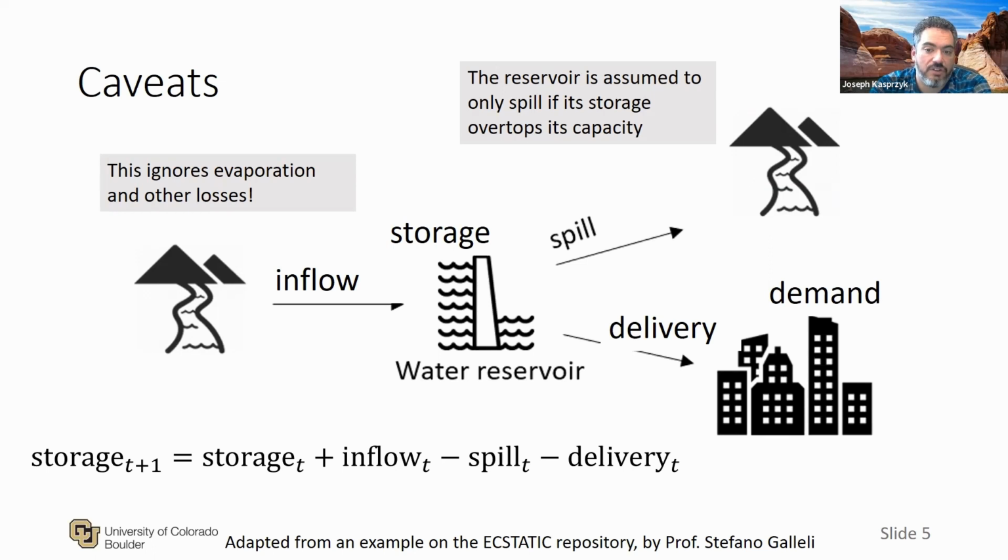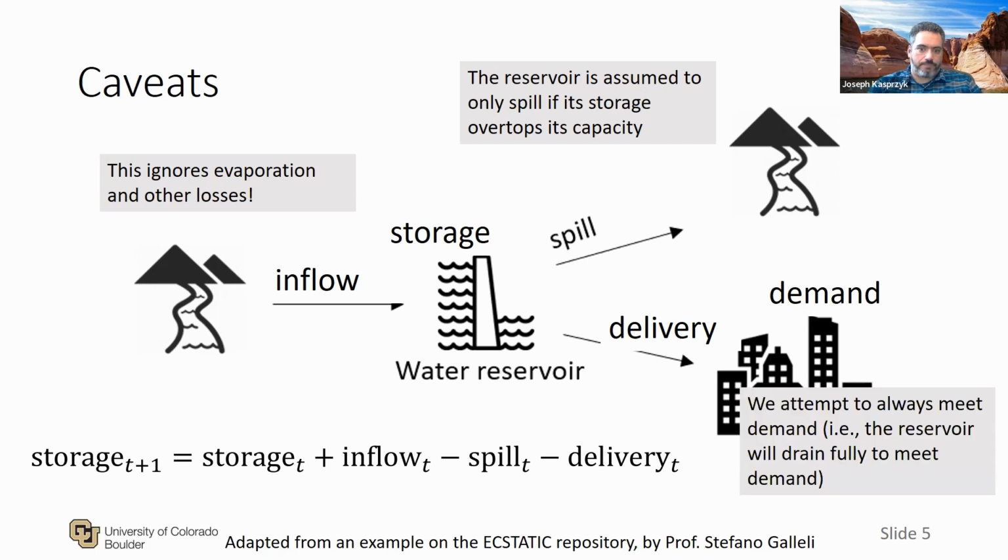In reality, you're going to have much different spill characteristics. You might actually have situations where you're releasing more water, even if you haven't met the demand or what have you, because spill is going to be a function, say, of storage, of the elevation of the reservoir, and so forth. And we'll add all of those details as we go along. But for now, we're just dumping the water if we need to.